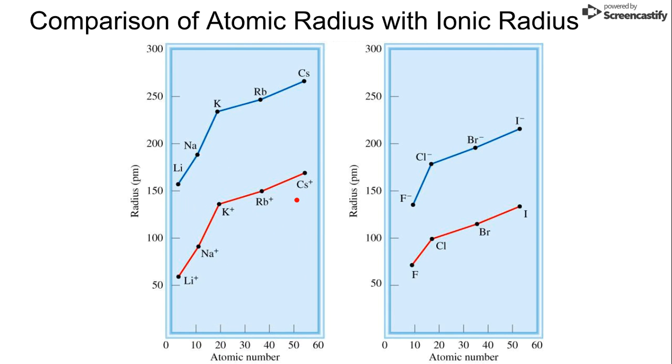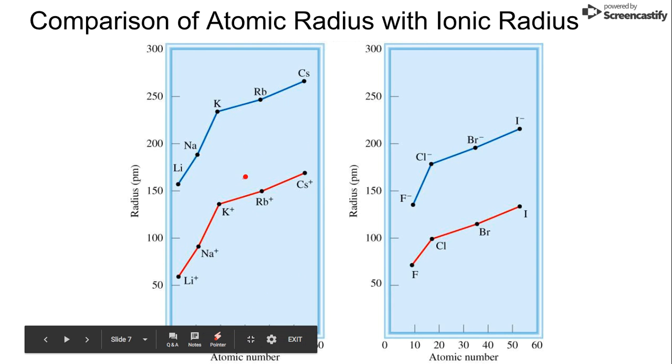And again, that has to do with how strong the protons in the nucleus can hold on to the electrons. If you remove an electron from an atom, now that nucleus only has to account for fewer electrons, and therefore it can pull them in closer. So as you remove electrons, the atoms get smaller.